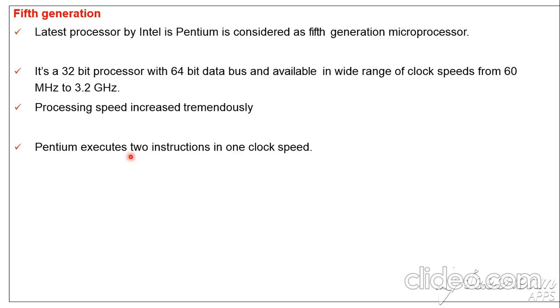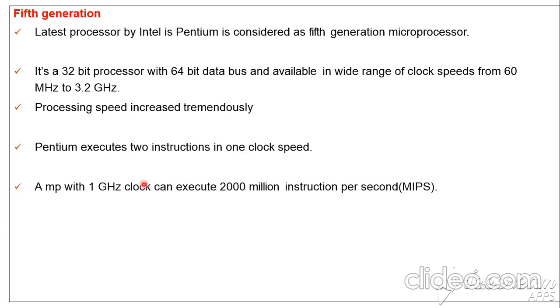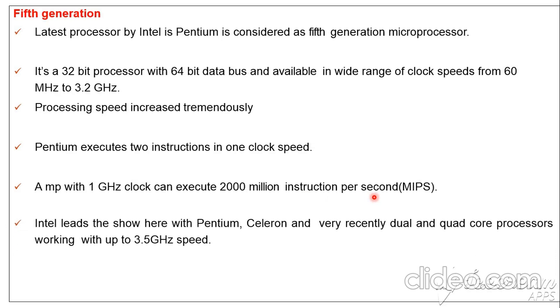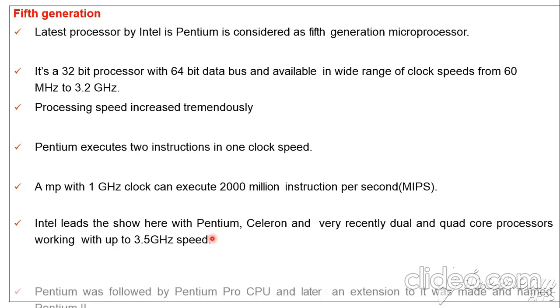Pentium executes 2 instructions in 1 clock cycle. Then a microprocessor with a 1 GHz clock can execute 2000 million instructions per second. And now the Pentium, Celeron and very recently dual and quad core processors working up to 3.5 GHz speeds are the last stages of evolution.